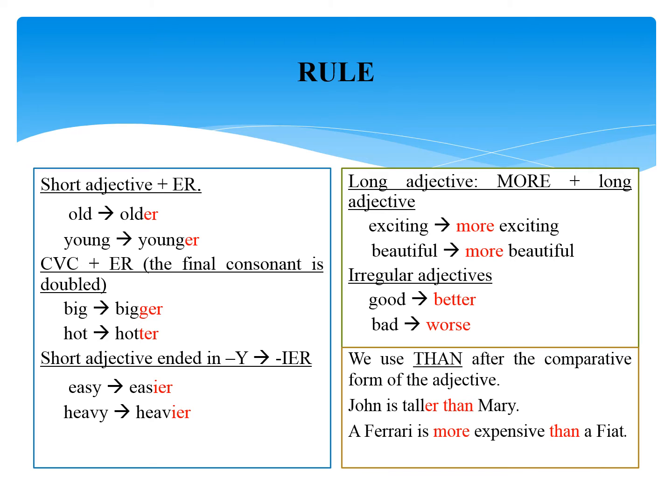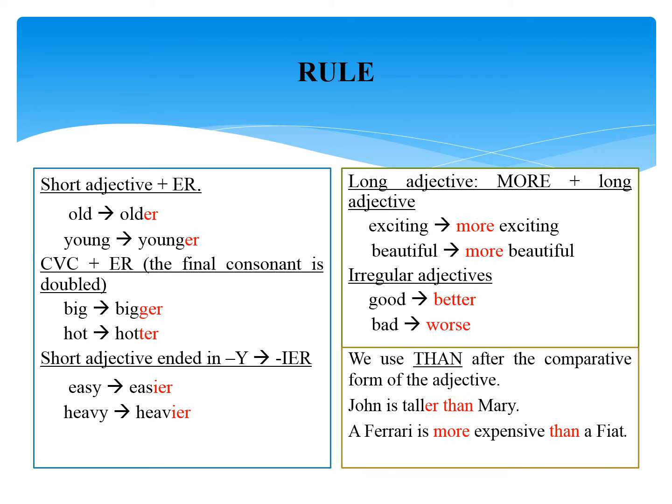But if you have an adjective that is consonant, vowel, consonant, which is, for example, big, we also add the er, and then the final consonant is doubled. For example, big, bigger, hot, hotter.